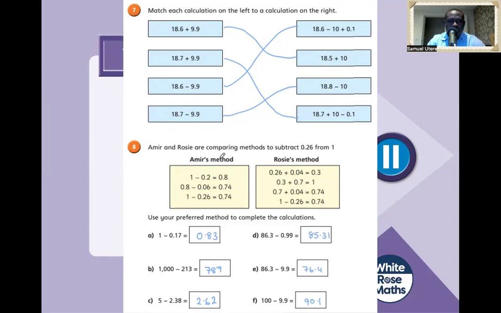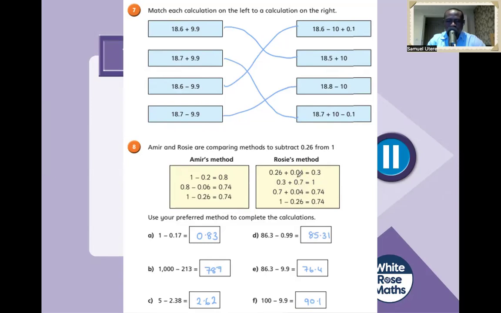And then here, Amir and Rose are comparing methods to subtract 0.26 from 1. Here is Amir's method. He subtracted 0.2 and then subtracted 0.06. And then here is Rosie's method. She made a little number bond in the decimal form to 0.3. Now she added that to make it 1. She said, okay, to make 1, that's 0.7.